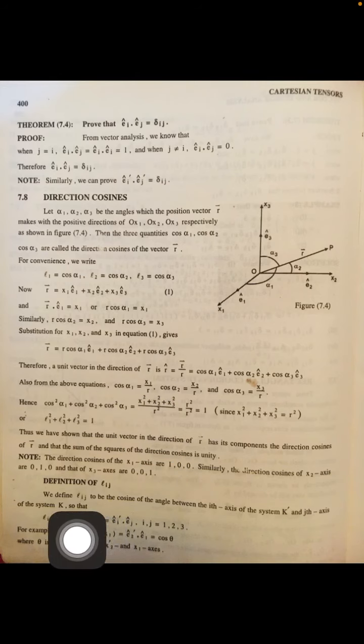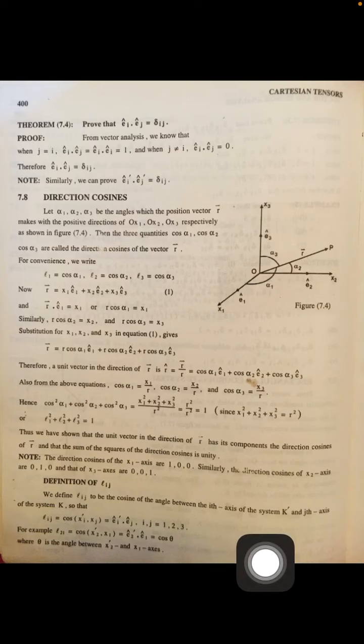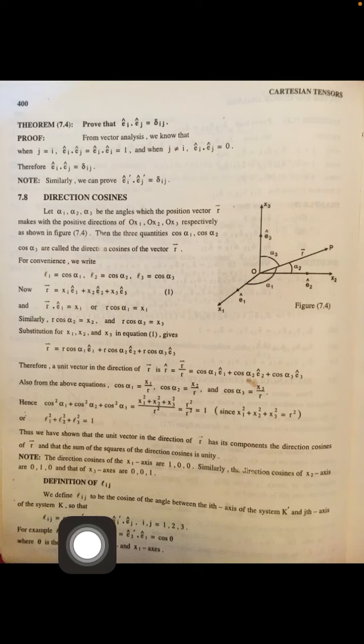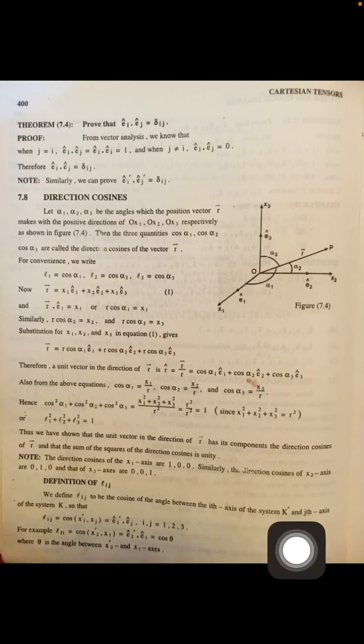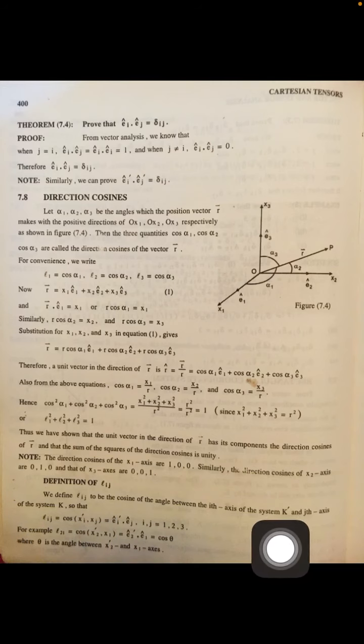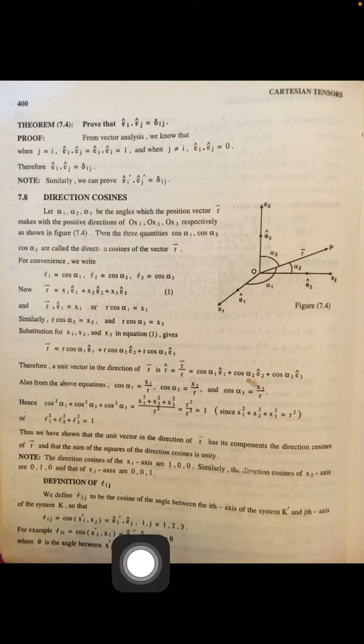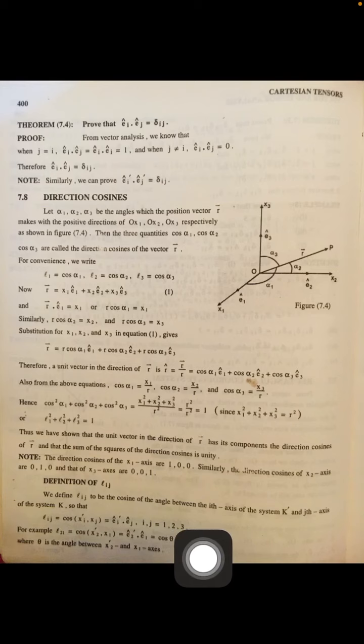Now we have the definition of Lij, that is, we define Lij to be the cosine of the angle between the ith axis of the K dash system and the jth axis of the K system. We discussed earlier these two systems, the K dash and K systems. According to that, I can write Lij equals cos of xi dash and xj, and this result is equal to ei dash dot ej. Here i and j are 1, 2, 3.